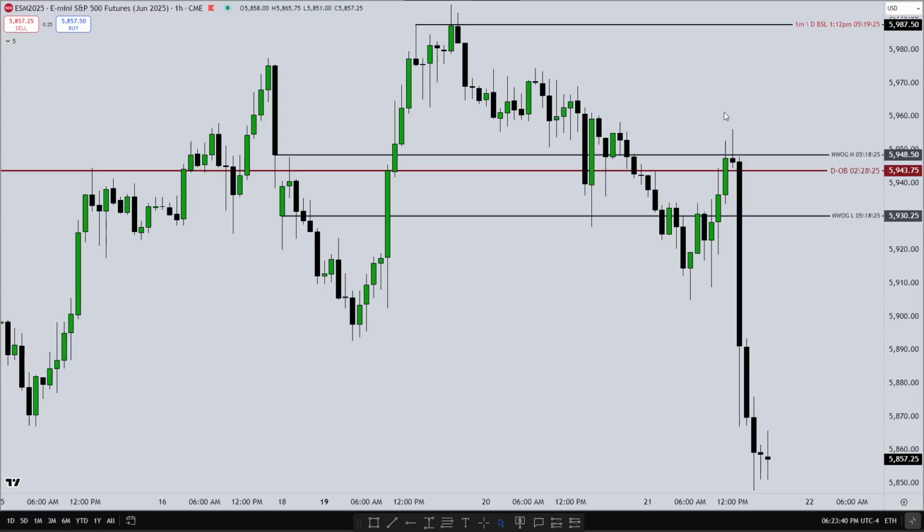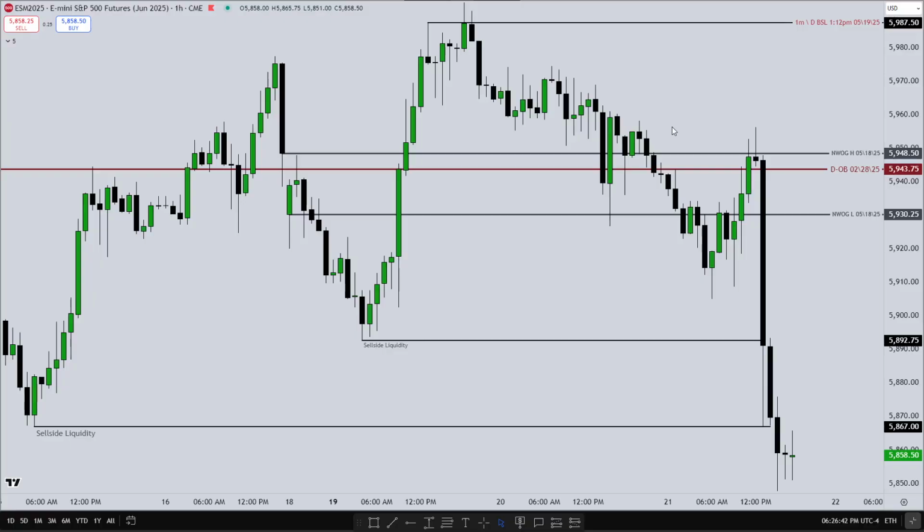NASDAQ went all the way back up to this portion of the market where the new day opening gap for Tuesday was. So you can see that relative to the ES, NASDAQ was much weaker. And so that could be used as SMT, or just a difference in character.